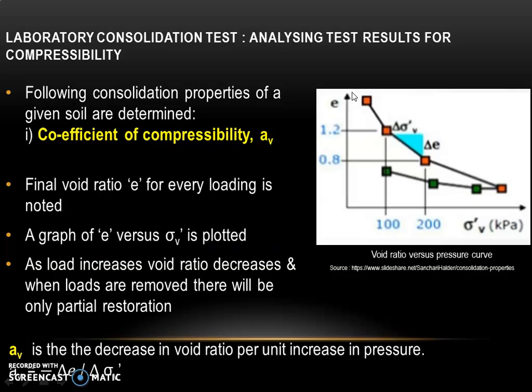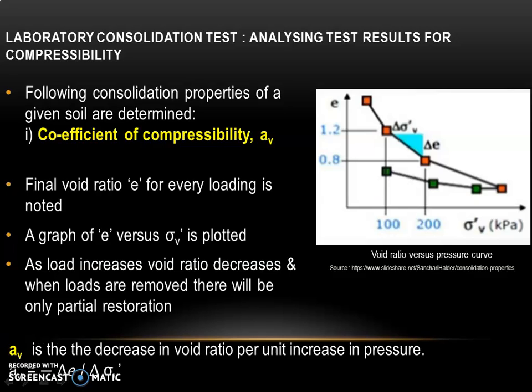So here we can see a graph which is drawn for e versus effective stress. As load increases, we can see from the graph that void ratio is decreasing. And when load is removed, there is only partial restoration.